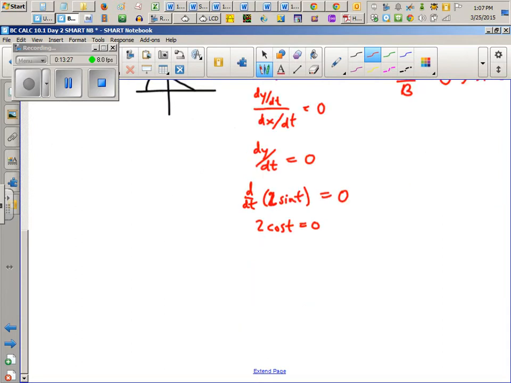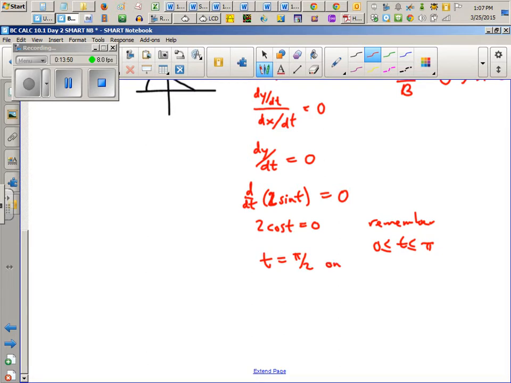So we seek answers between 0 and pi, right? So don't get crazy here. Just pick the 1 or 2 values between 0 and pi that make this true. Can you think of a value that makes this true? T is what? I think pi over 2 is actually the only answer.